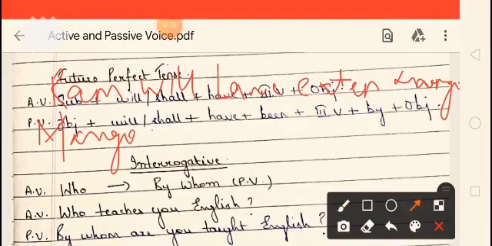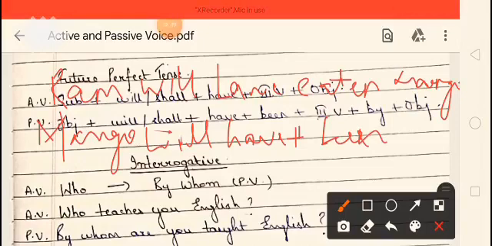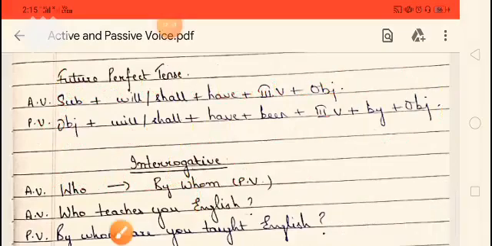Then we will use will or shall, so will. Mango will. Then have is used. Then been, plus third form of the verb, that is eaten. Then by, then Ram. So, mango will have been eaten by Ram. So this will be the answer.